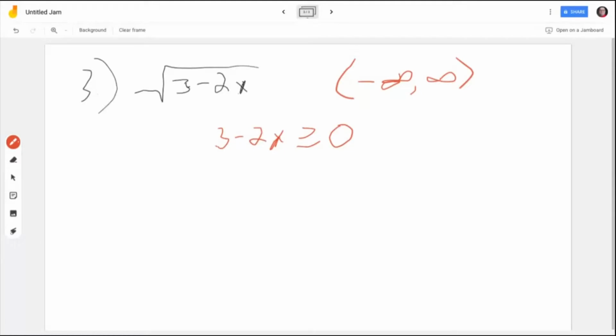So let's solve this up. I know we haven't learned how to do these, and we're not going to do anything complicated right now, but we just need to get the x by itself. So we'll subtract 3 from both sides.